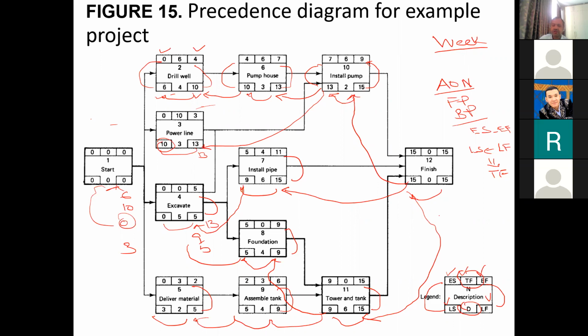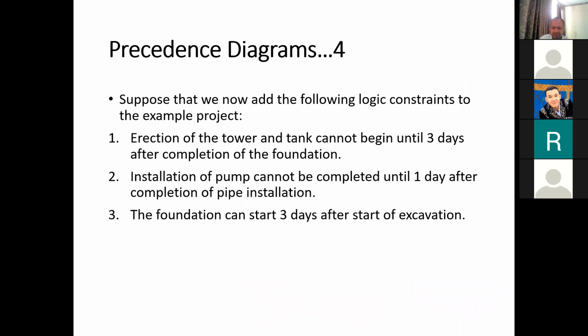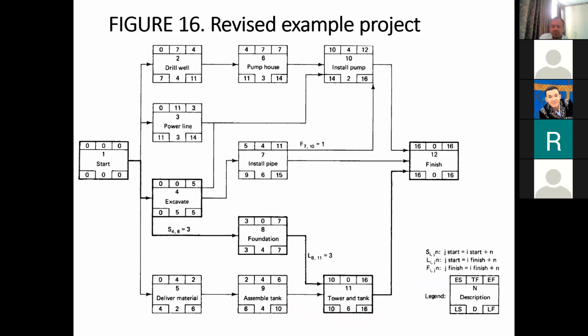Now since we are talking about the precedence diagram, and precedence diagrams are specially for introducing lags, if we introduce the lags, then we can draw the same diagram, but with some modification.